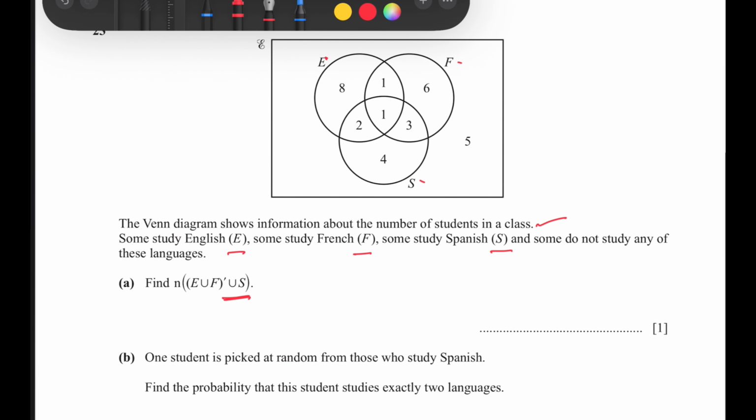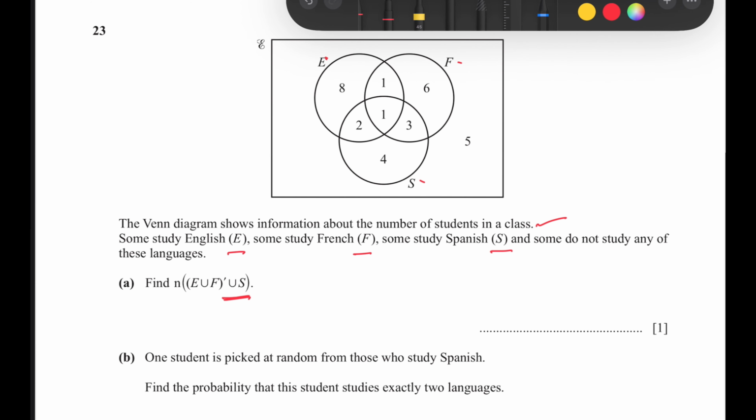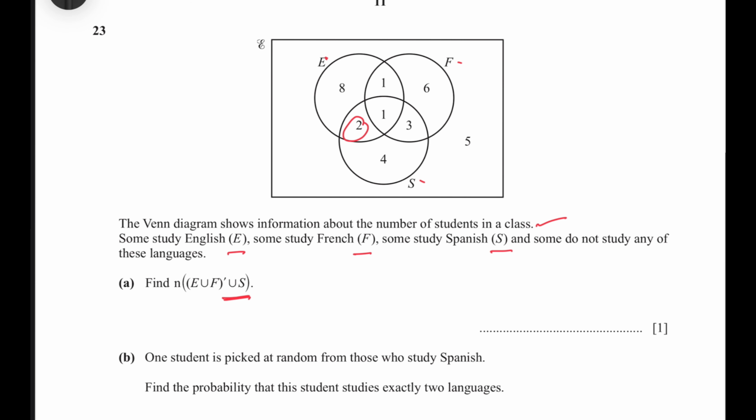So the points that you will take will be 2, 1, 3, 4, and 5. So you have to find that n. Basically that will be 2 plus 1 plus 3 plus 4 plus 5. That is 3, 6, 10, 15. So our answer is 15.